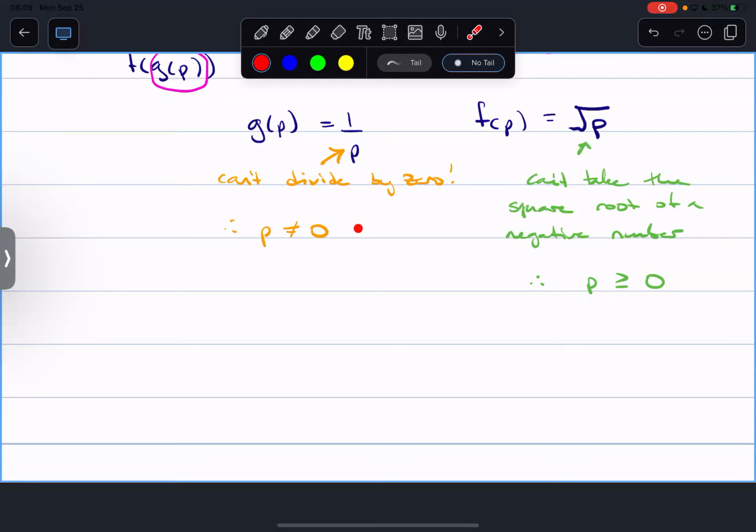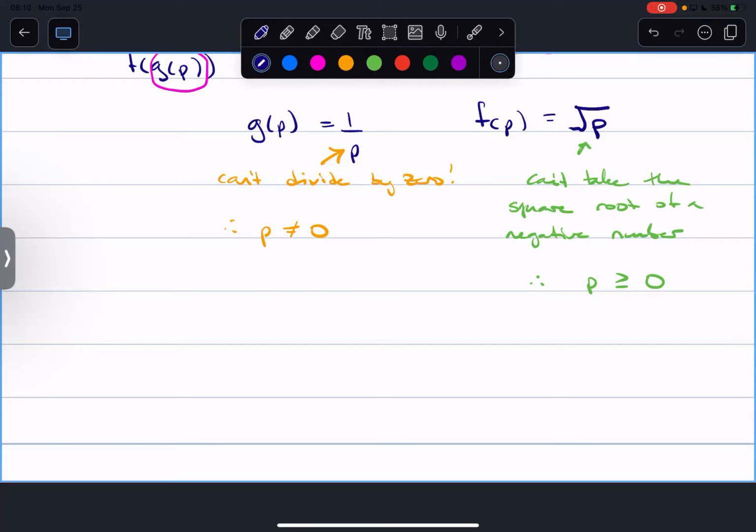What's the easiest thing to communicate? Well, p can't be 0 means it can be everything else, or the restriction on p. Both of these work. If you wanted to write it as p is in the set of real numbers where p is not equal to 0, that's fine. But I'm just being lazy, and it's what comes naturally.